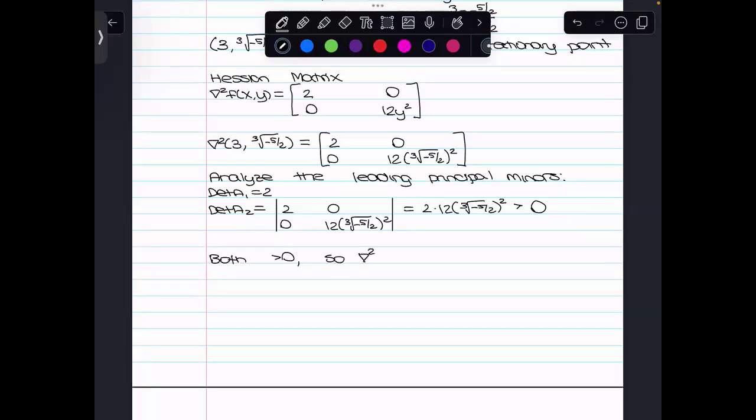So we say the Hessian matrix at this point at least, because we haven't checked the other points. And positive definite is, like I was saying, like saying that the second derivative at this point is greater than 0.